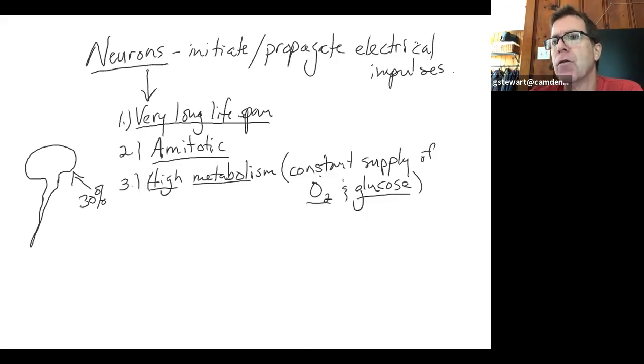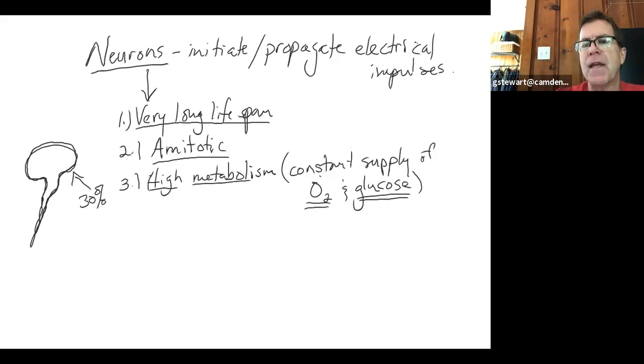Not necessarily glucose, but our bodies go to breaking down lipid fat cells when we don't have an immediate source of sugar. So this thing uses so much energy that we need reserves all the time, and we need to constantly breathe all the time.